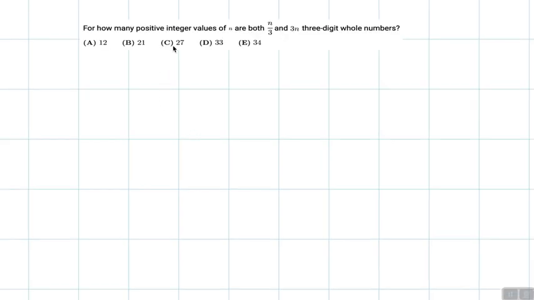For how many positive integer values of n are both n over 3 and 3n 3-digit whole numbers? Okay. So the first case where that becomes true is 300 over 3. Here's n over 3. And 3n, since n is 300, that's 900.